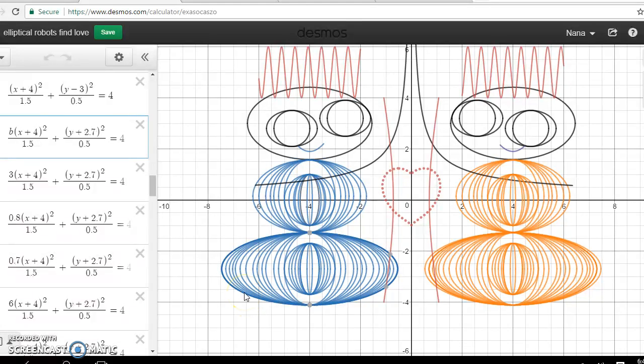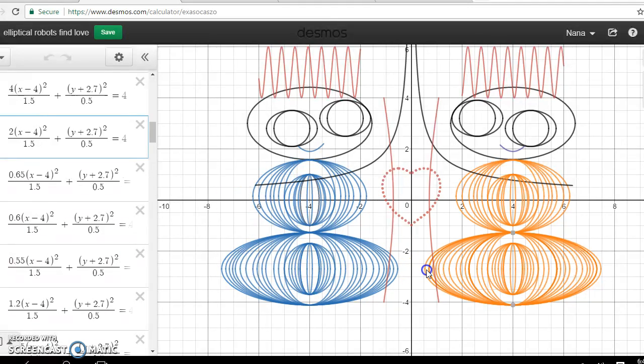And to create sort of this illusion that I have going on with the ellipses over here, I would just copy and paste the exact same equation and just change the value in front of the x plus 4 squared. And for the elliptical robot over here on this side, the orange one, it's literally the exact same equation except the center is changed.